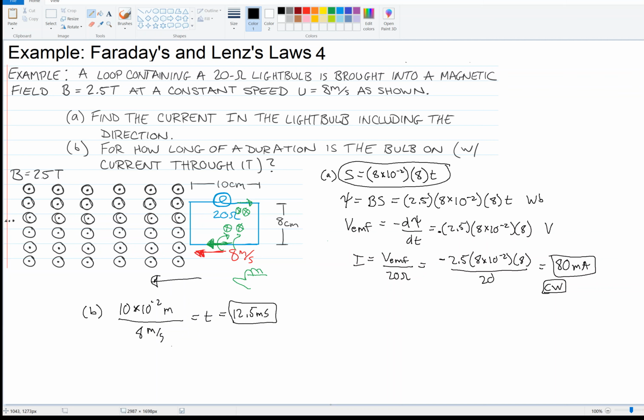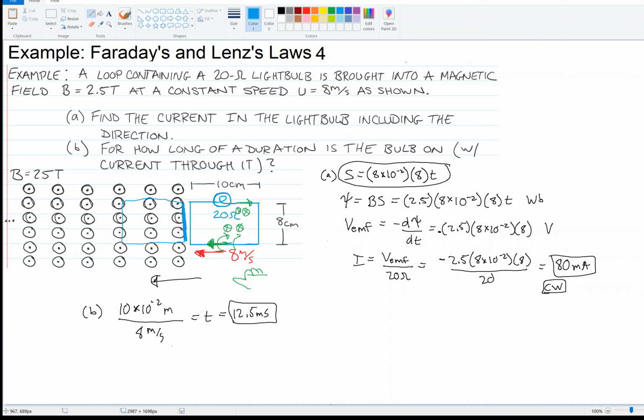So let's try to understand now why there would be no current in the loop, and thus the bulb would not be on after 12.5 milliseconds. And I said a little bit about this in the beginning of the video. So at 12.5 milliseconds, the loop is exactly right here, where this lagging edge is right on the border of no magnetic field and magnetic field.